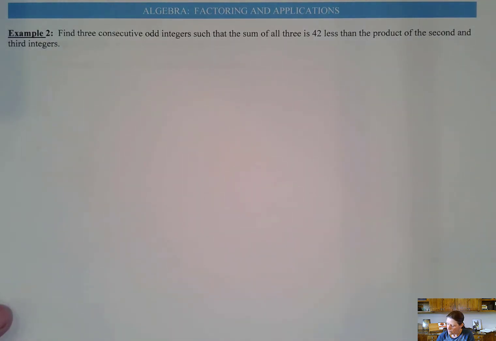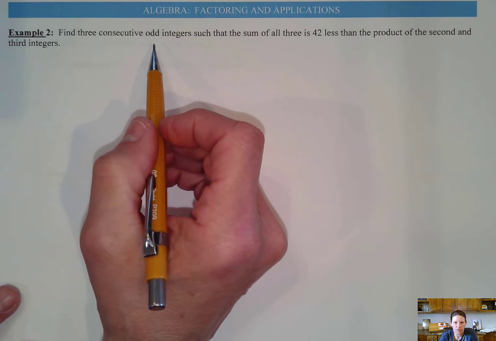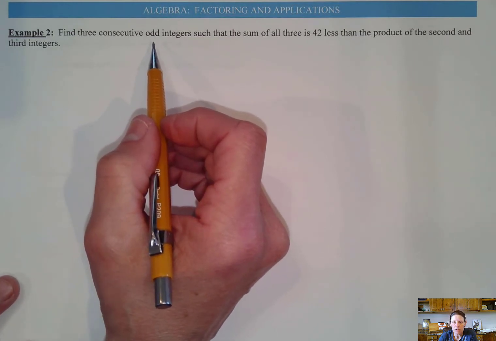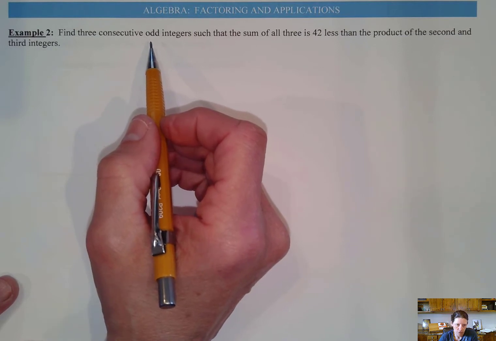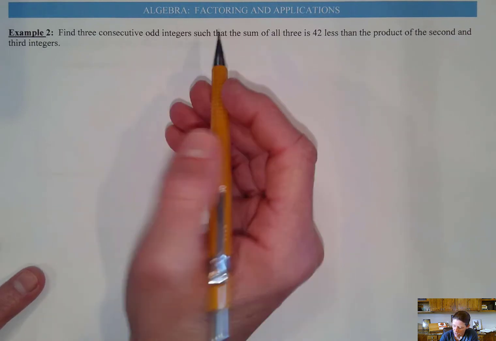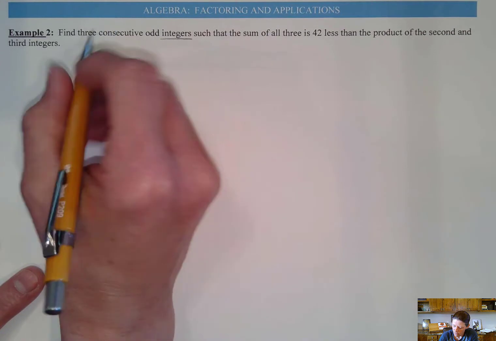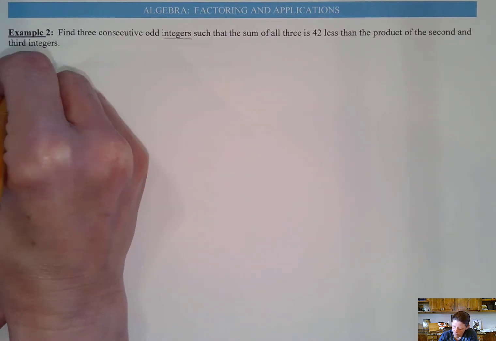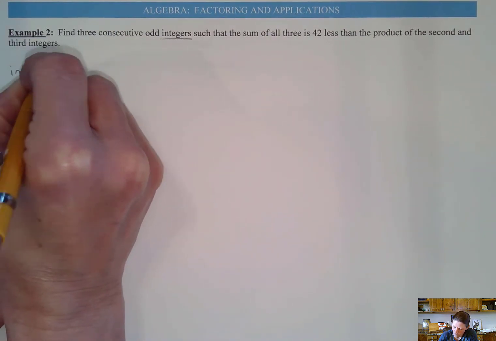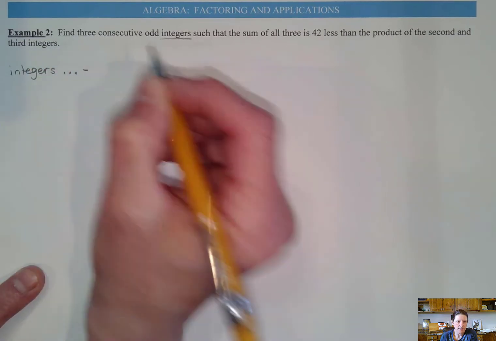Example 2. We want to find 3 consecutive odd integers such that the sum of all 3 is 42 less than the product of the second and the third integers. Well, before we get started, let's make sure we understand some vocabulary used here. For example, the set of integers can be described with ellipses.